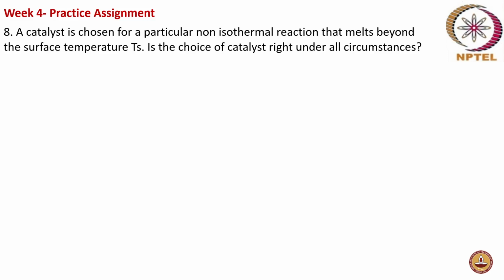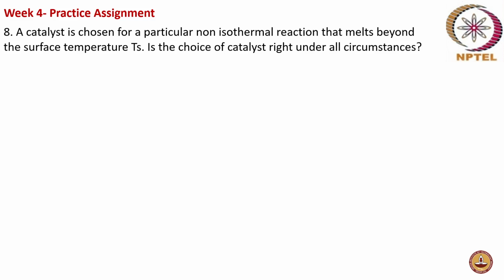Now let's discuss the final question for this week. A catalyst is chosen for a particular non-isothermal reaction that melts beyond the surface temperature Ts. So there is a catalyst they have chosen for some particular non-isothermal reaction, and this catalyst starts melting if the temperature of the system goes beyond the surface temperature, that is, the temperature of the system at the catalyst surface.